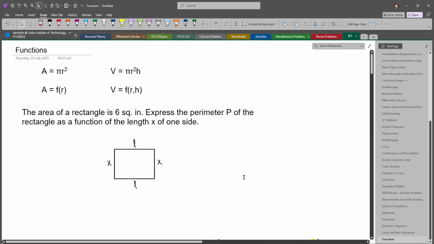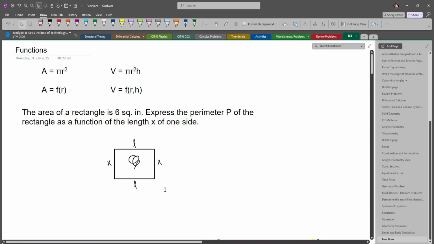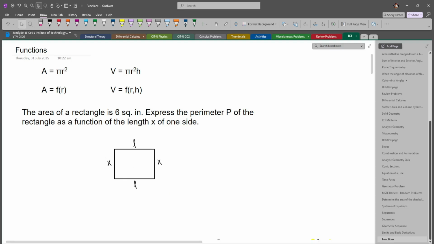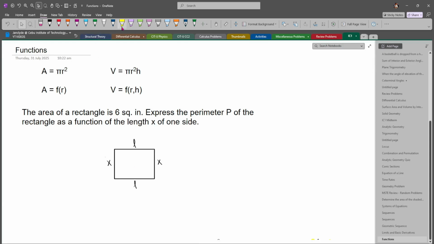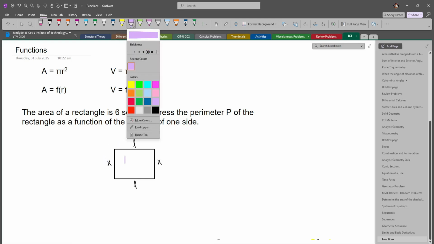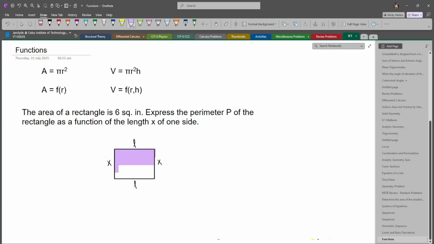Now how about the area? The area doesn't care about the edges, but it cares about what's inside. It tells us how much space the shape covers. Now instead of a garden, try to imagine this as a basketball court. And then if we are to paint the basketball court, let's say purple, then the amount of paint we need to cover the surface would define the area. So this purple color.